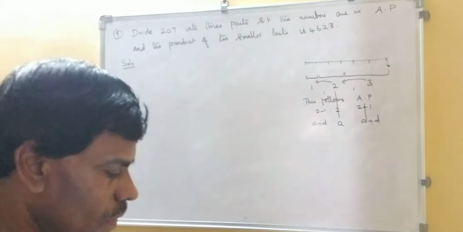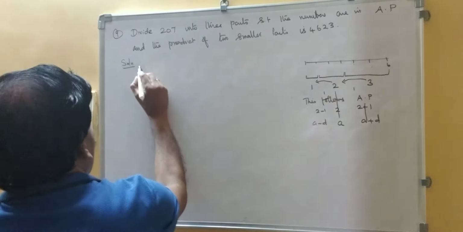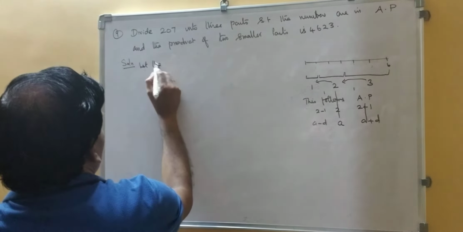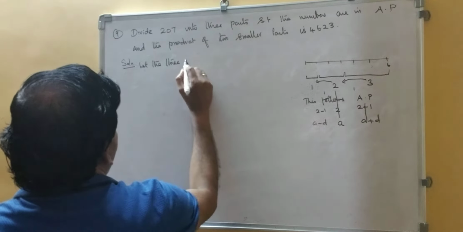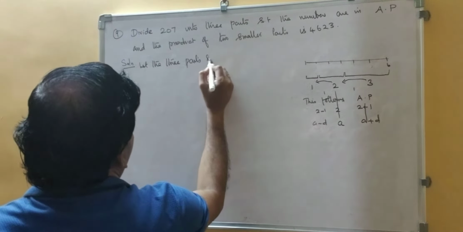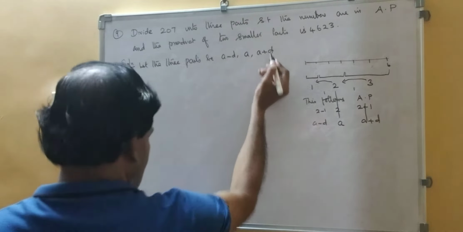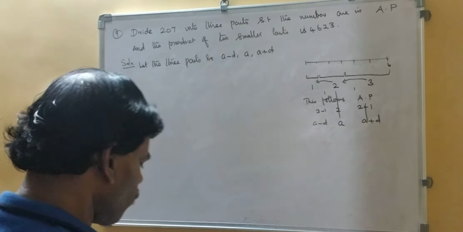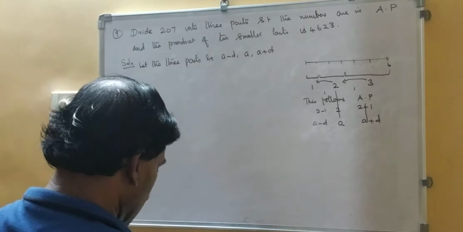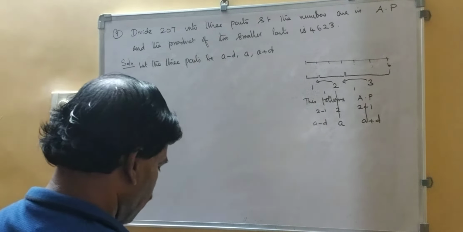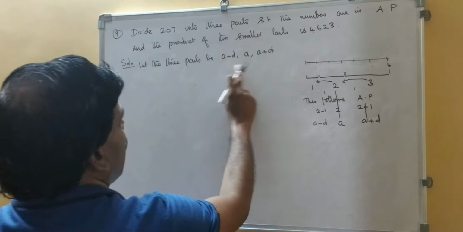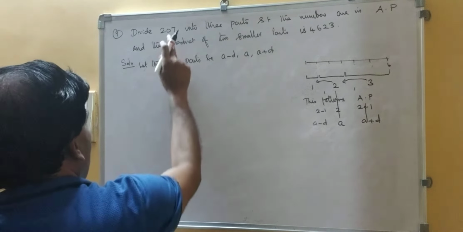So let the 3 parts be a minus d, a and a plus d. Now what is the given condition? If you add these three, you will get 207.